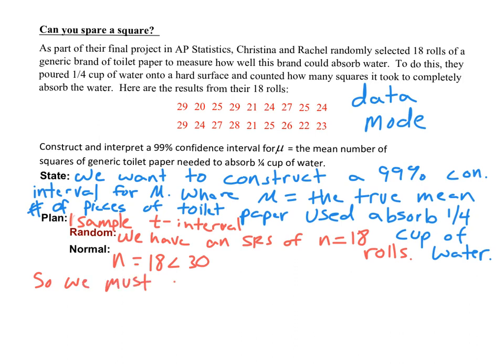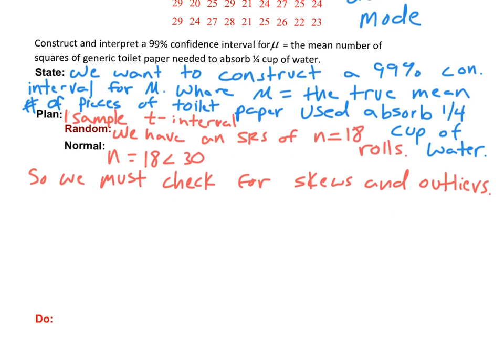Which means we must check for skews and outliers. You should make a box plot. You could do a histogram too, but the box plot is the easiest.